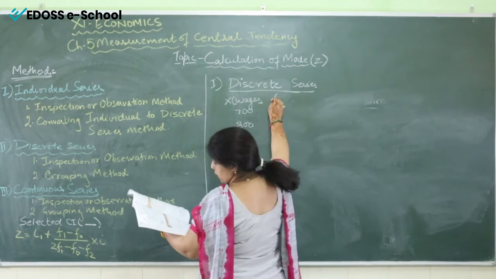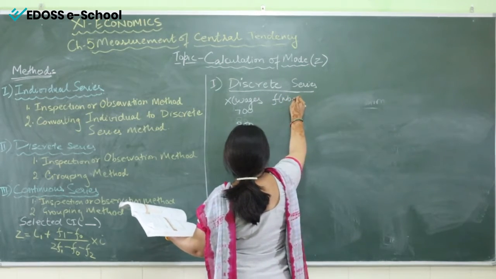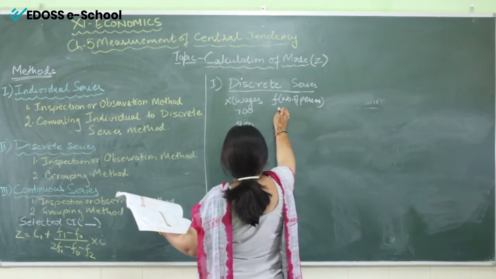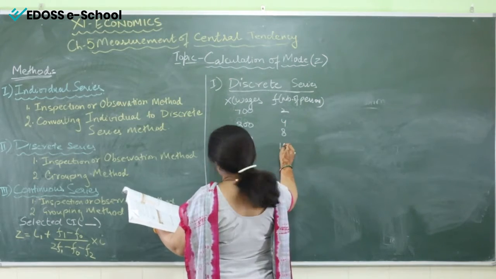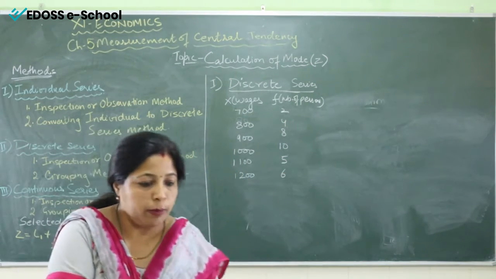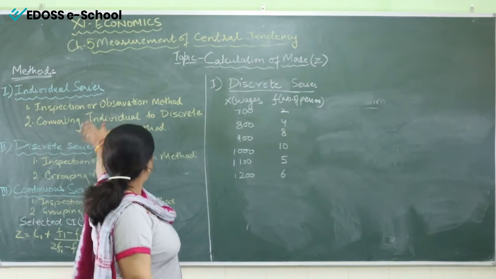And here I am taking the number of persons, that is F, and here the values are 2, 4, 8, 10, 5 and 6. Here is the numerical of discrete series and we are going to solve it. We are going to take two methods.